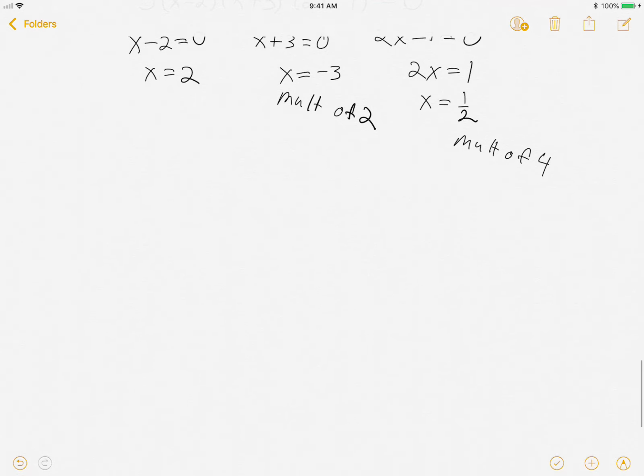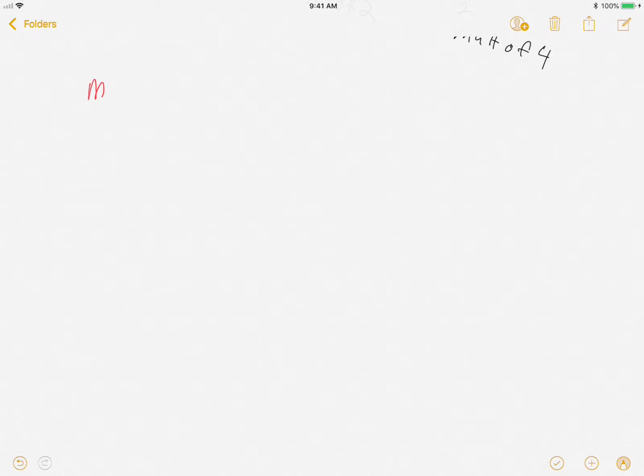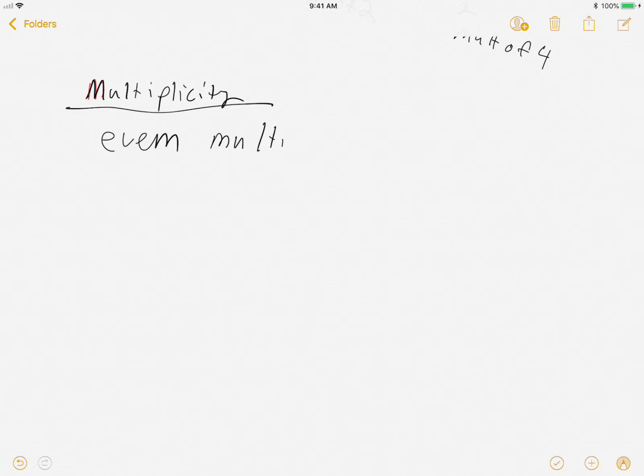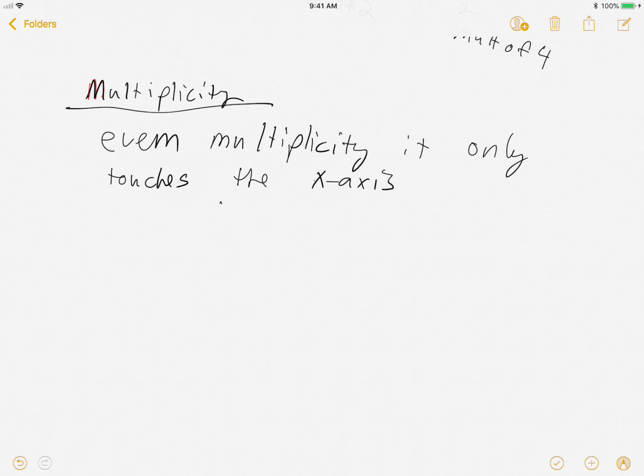Okay, so multiplicity is important. If something has an even multiplicity, it only touches the x-axis. For example, let's say we're here and this has a multiplicity of, say, 4.